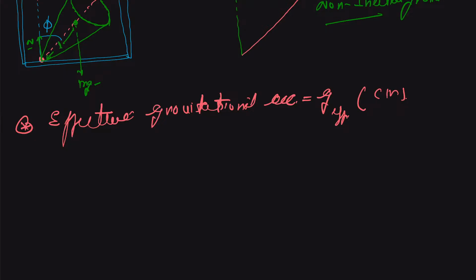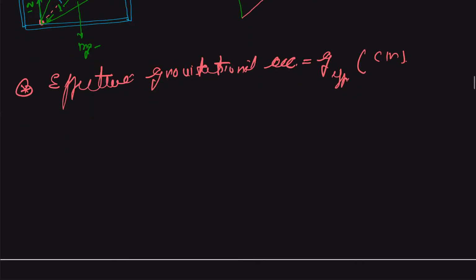So we have a vertical force, like I said, that is the normal, but we are not interested in that. We are interested in the torque that will be produced by this g effective.